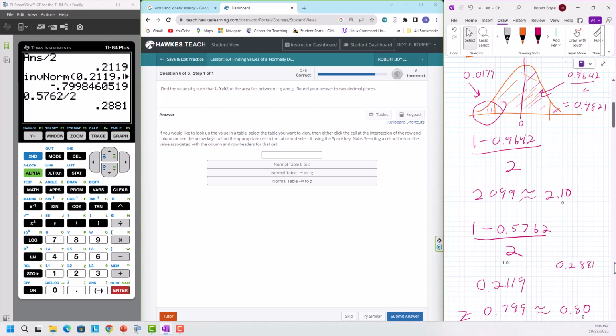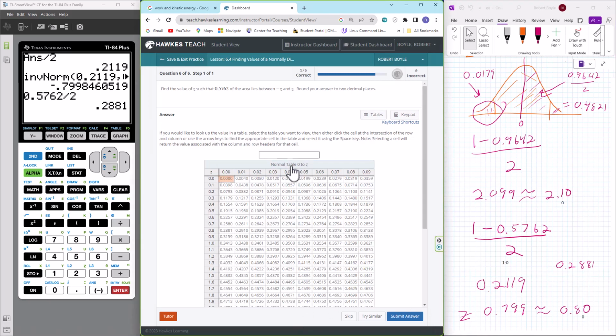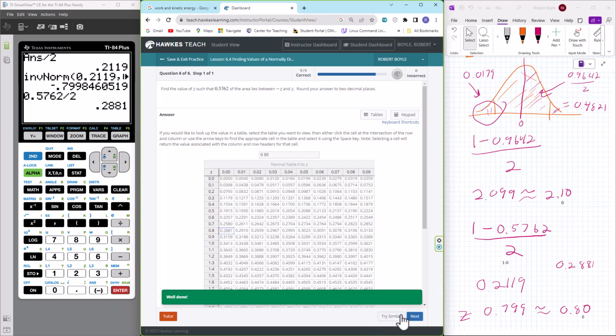From negative z to z is the full area, so from 0 to z is going to be half of that. Look up 0.28. It's right about 0.2881. There it is. 0.80, just what we got before. Submit your answer, and boom, you are done.